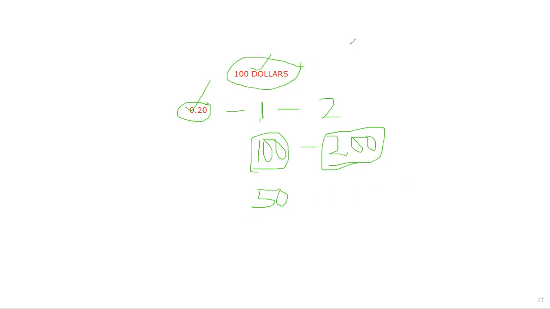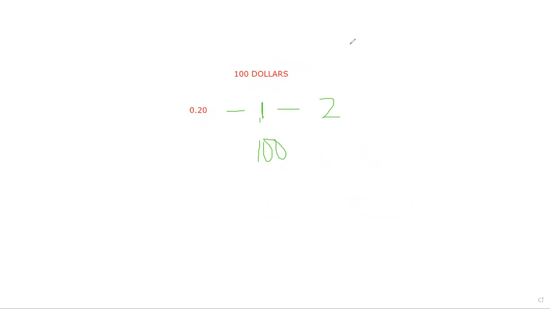Now, what if you choose to reduce this lot size? Maybe you don't want to use 0.20, but maybe you want to use 0.15. Then what you are saying is that one pip is going to be $1.50.